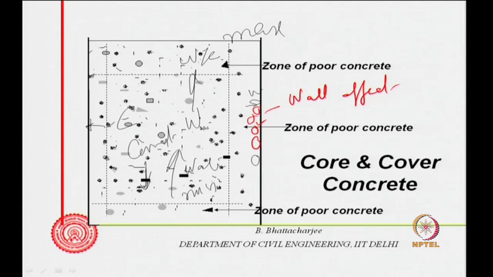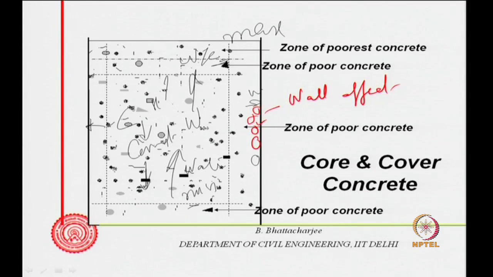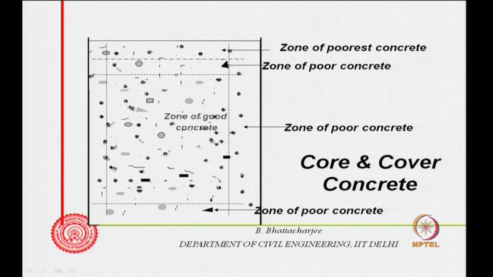So, C comes down, H goes up: maximum water cement ratio at the top, minimum water cement ratio below. So, what will happen? You will have the poorest concrete right up there, because of maximum water cement ratio there. There will be evaporation, shrinkage and all those effects. So, the zone of good concrete is somewhere here, the zone of poor concrete is there, and the poorest concrete is there.